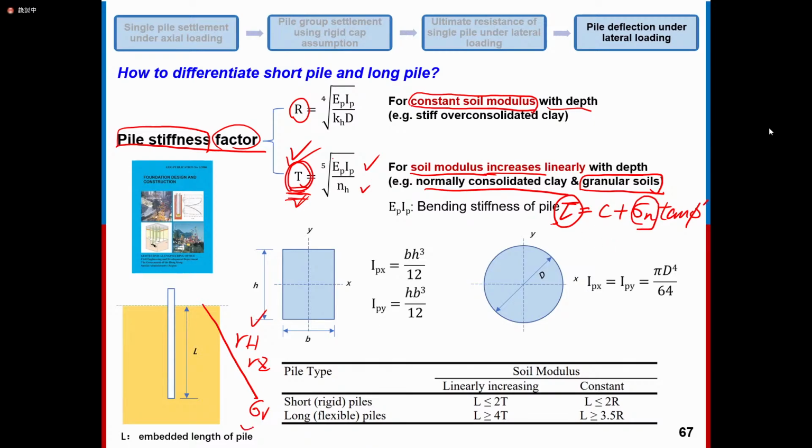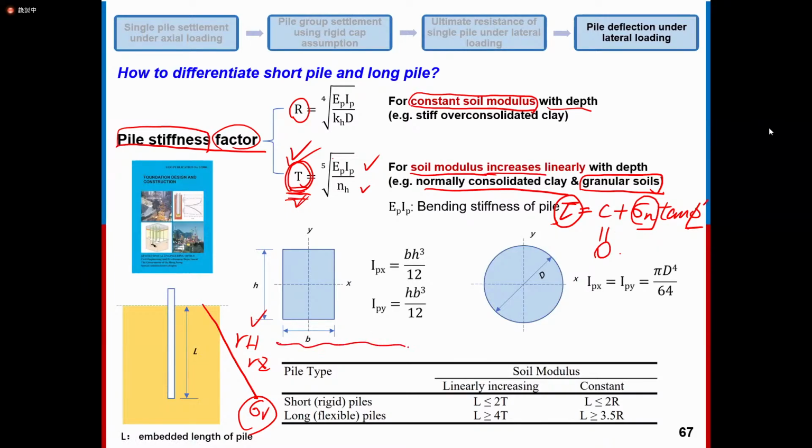Sigma n you can regard as sigma v, the vertical, the normal stress. Phi is constant. C, normally for the granular soil, we regard as 0, right? So for granular soil, it very much depends on the sigma n.